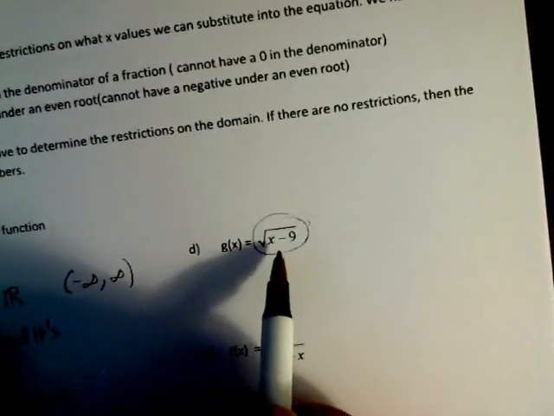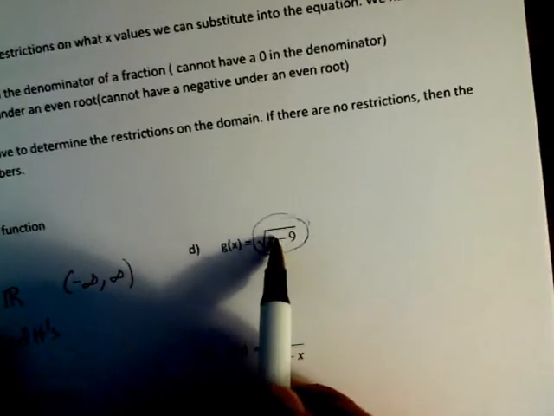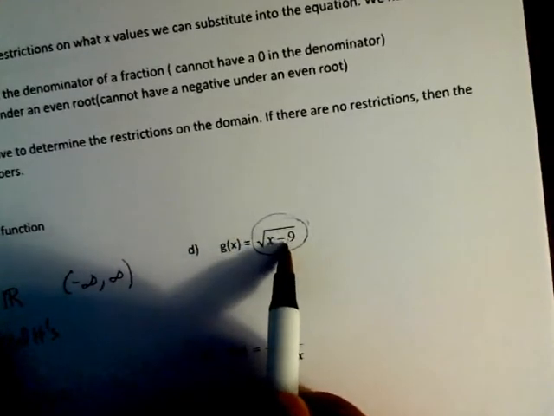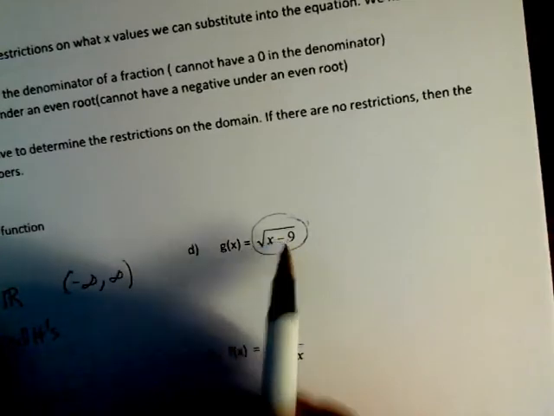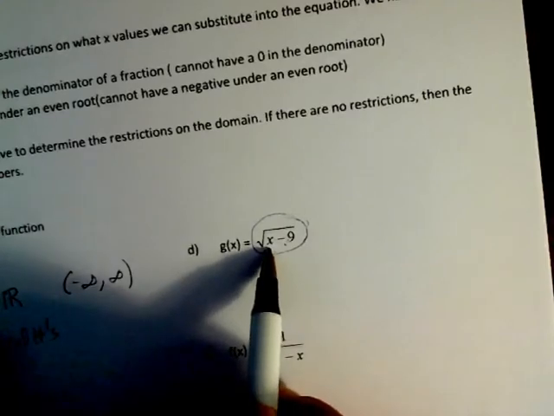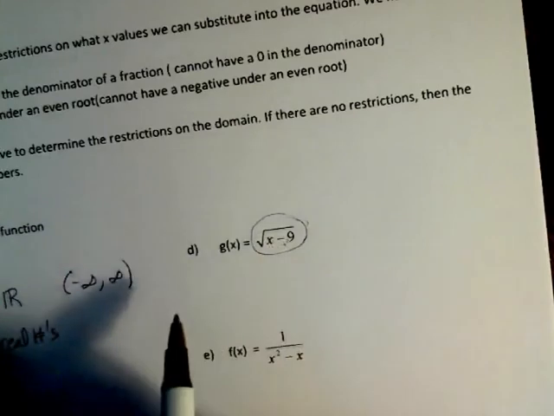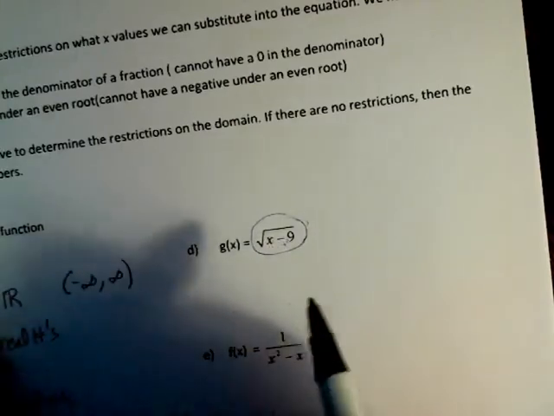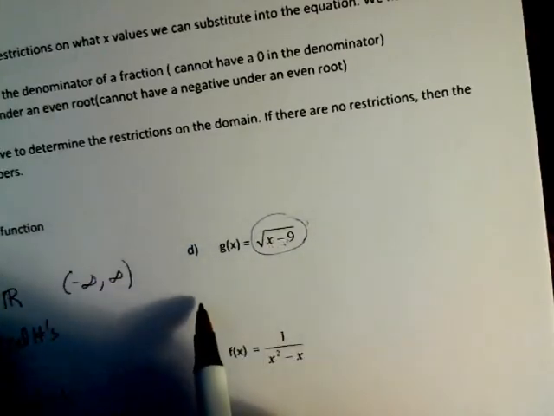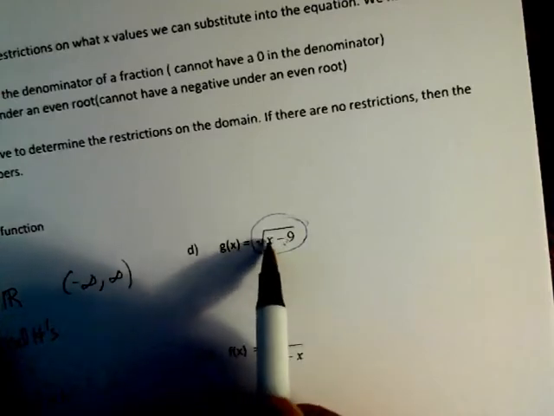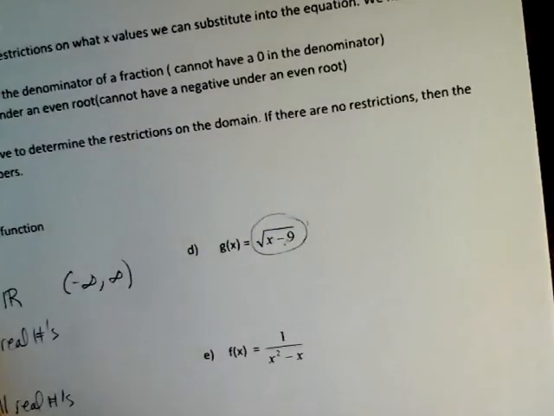In order to be able to take the square root of a number, whatever is underneath this square root must be 0 or bigger. So logically, if x were 9, I get 9 minus 9, which is 0, and I can put that into my calculator. So anything 9 or bigger would be what we need under that square root.